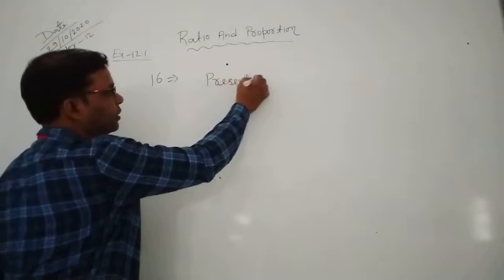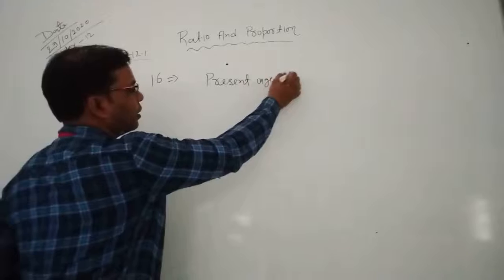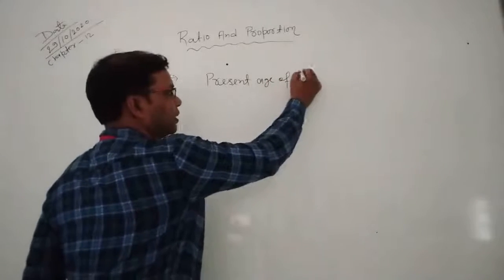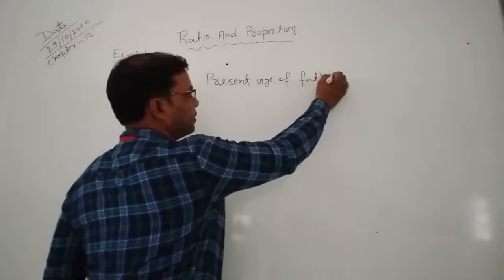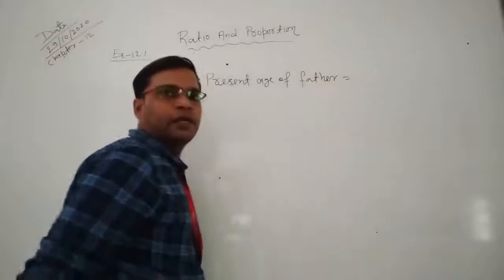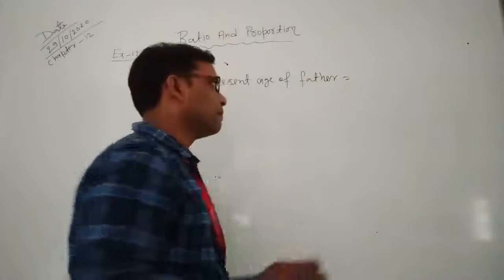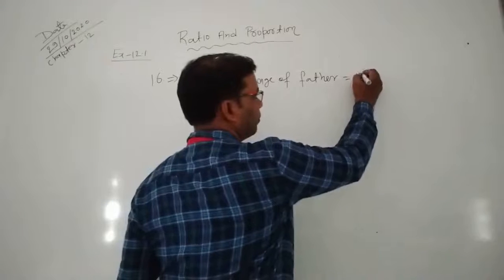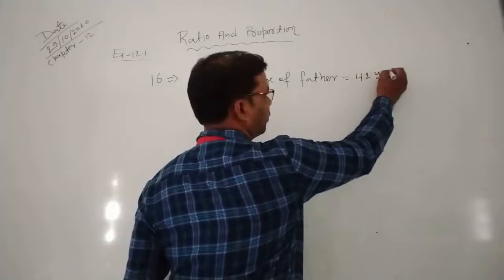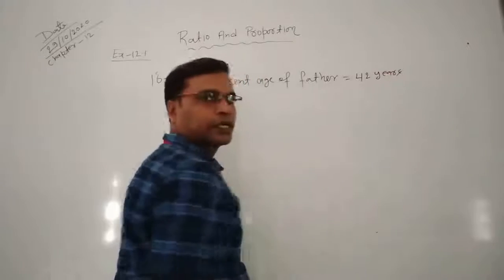So you write here the present age of father. This is given: 42 years. Clear?